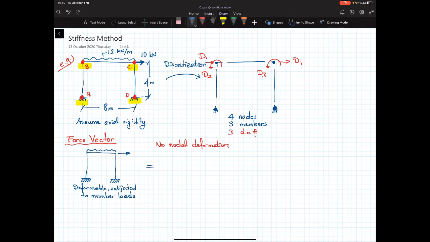Okay? So how do we show no nodal deformation? By fixing the ends of the members. So we are trying to figure out what will happen if we don't have any deformation in the system. And remember that each of these members is a kinematically determinate member.